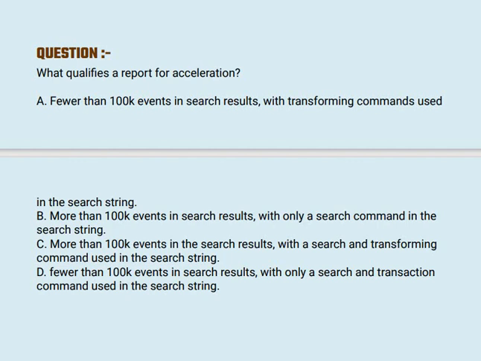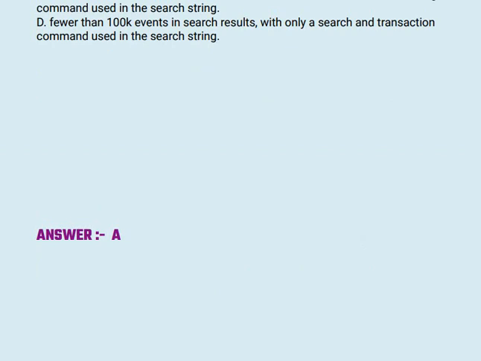Option C, more than 100k events in the search results with a search and transforming command used in the search string. And option D, fewer than 100k events in search results with only a search and transaction command used in the search string. The correct answer is option A.